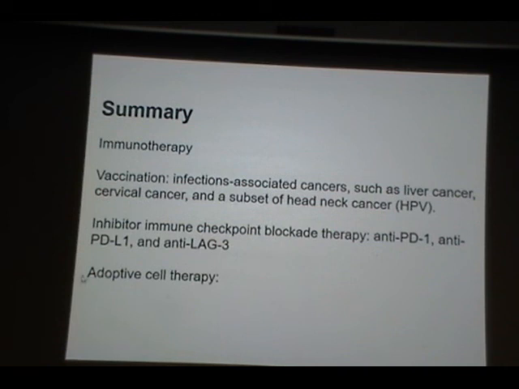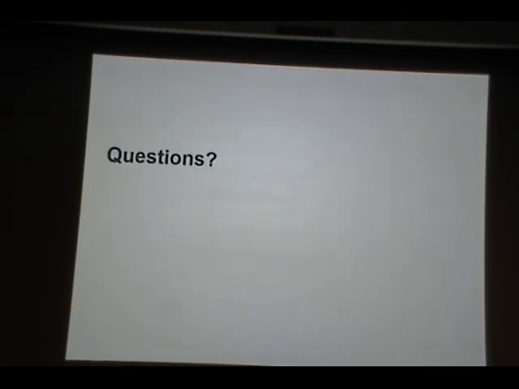And I also mentioned adaptive cell therapy, including CAR T cell therapy, and also just getting the T cells activated and putting them back into the patient for therapy. So any questions?